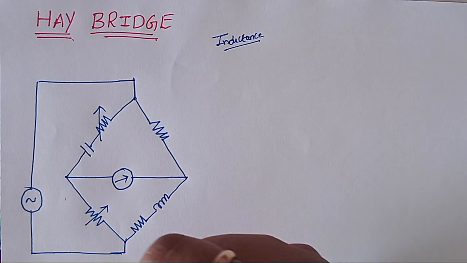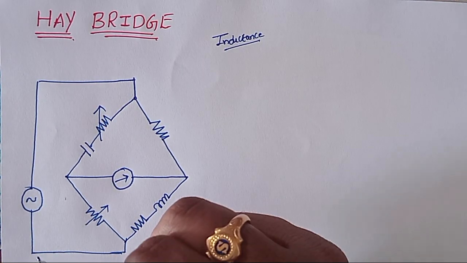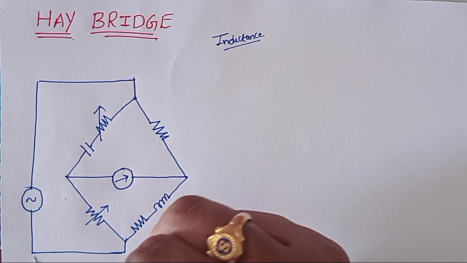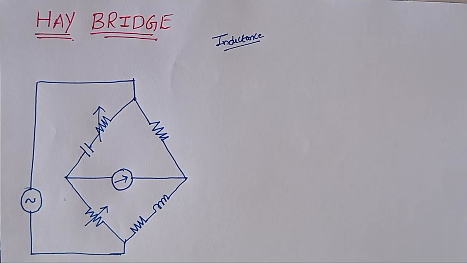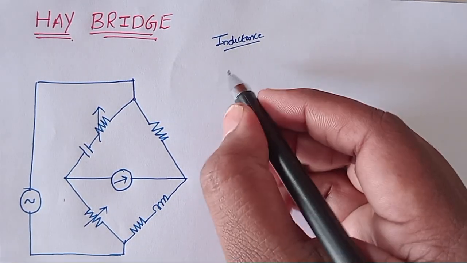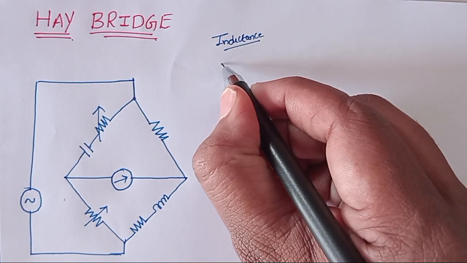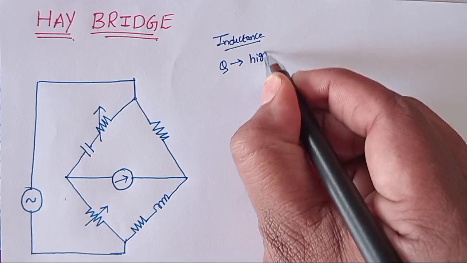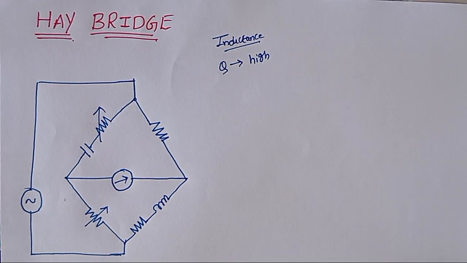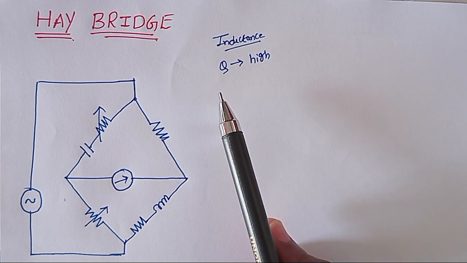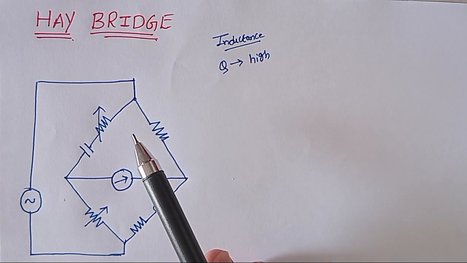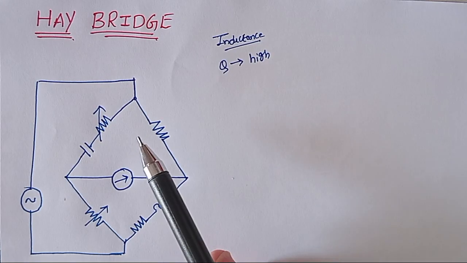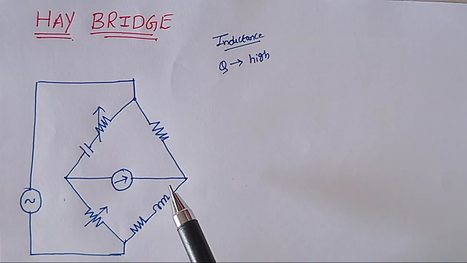It is mainly used to measure inductance where the quality factor Q value is high. Such kinds of coils are measured using this Hay bridge. And simply, this is the construction of the Hay bridge.